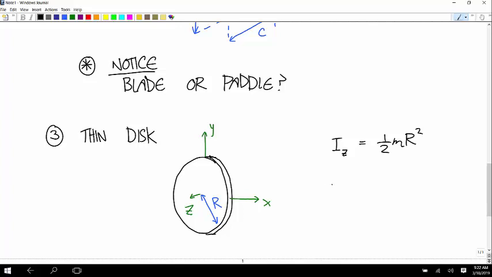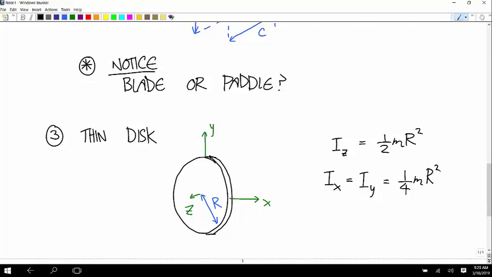And the other two, about the x-axis or about the y-axis, if you think about those rotations, it's the same thing because the disk is axisymmetric. And in that case, you get 1/4 mr squared.